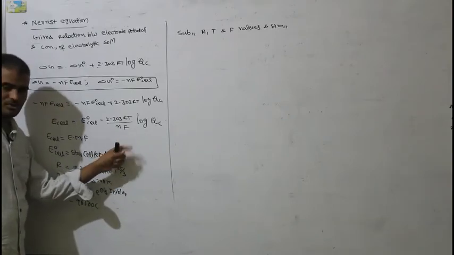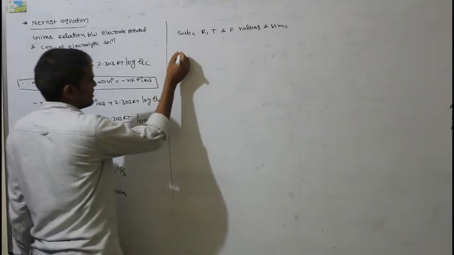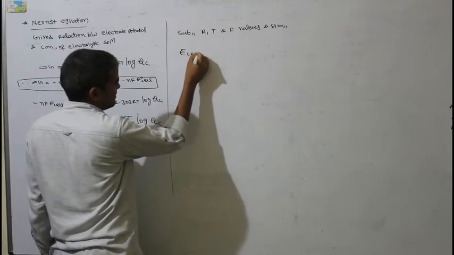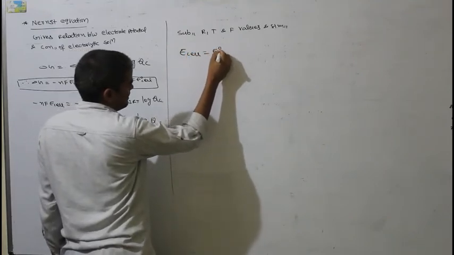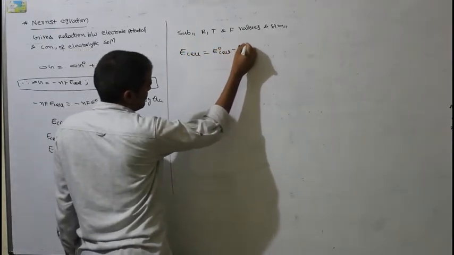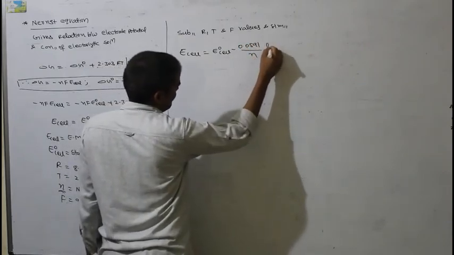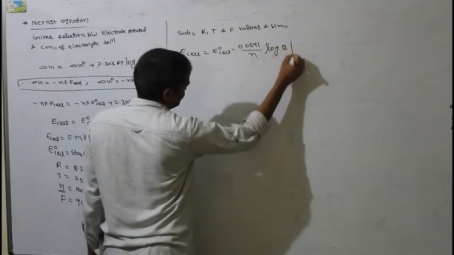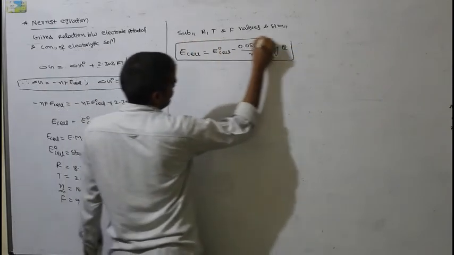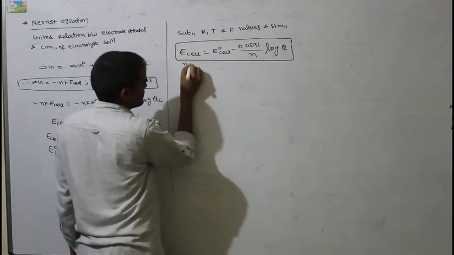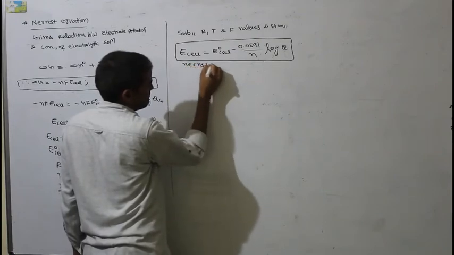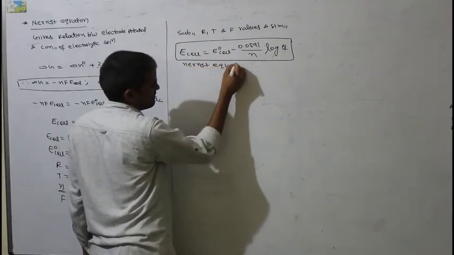If you substitute and simplify, you will have the equation E cell equals E naught cell minus 0.0591 by n log Qc. This is called the Nernst equation.